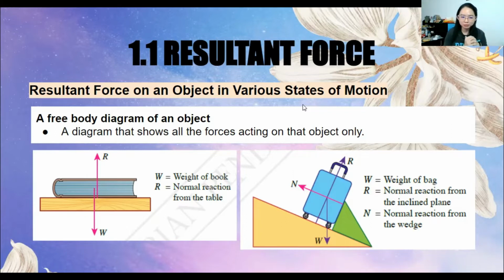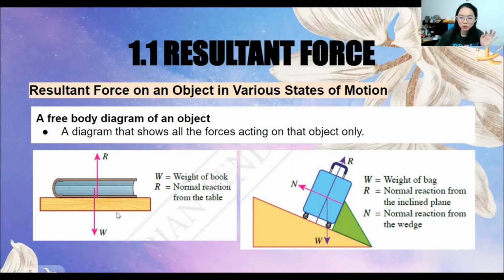Now, what is a free body diagram of an object? A free body diagram of an object is a diagram that shows all the forces acting on that object only. I repeat, a free body diagram of an object is a diagram that shows all the forces acting on the object only. I give you two diagrams here.